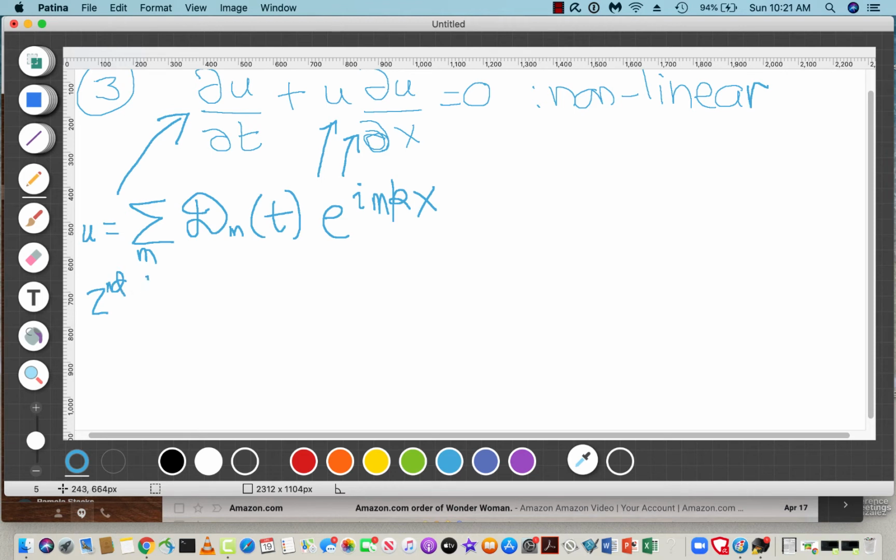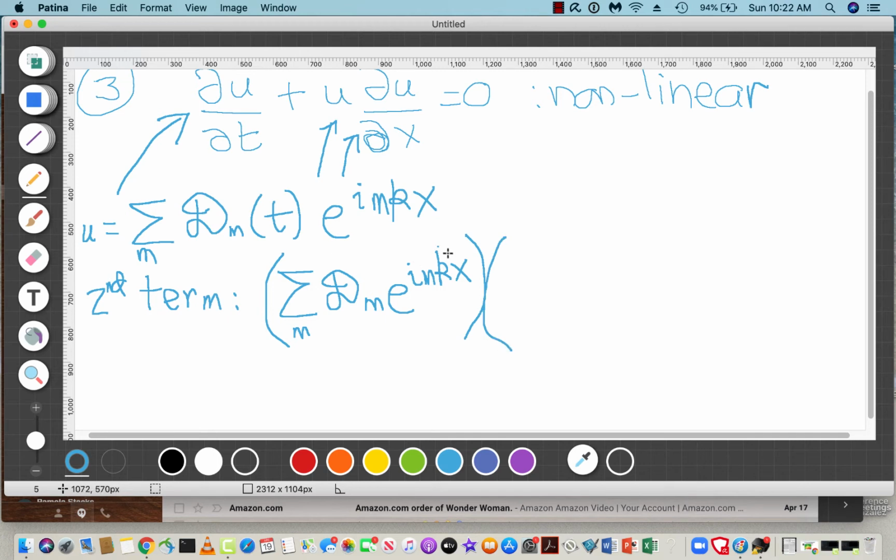So let's have a look at the second term. It's going to be u itself, so the sum of d sub m e to the i m k x summed over m, multiplied by a second piece, which looks like the sum.